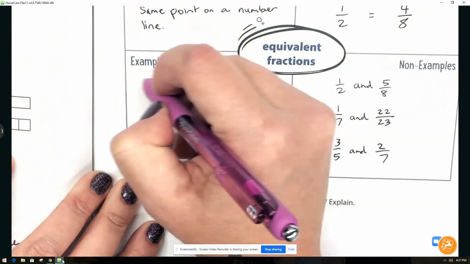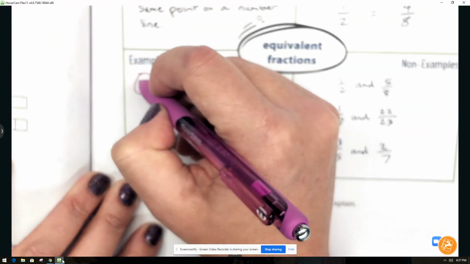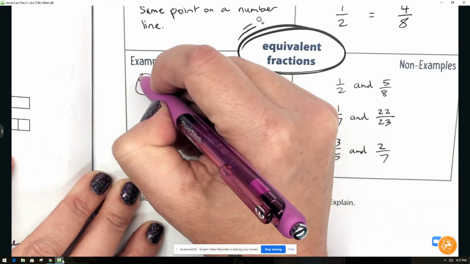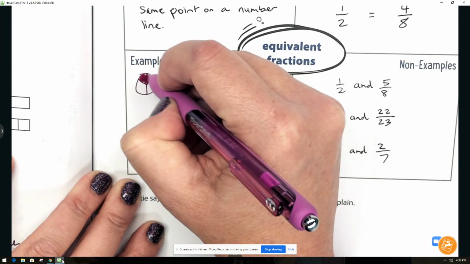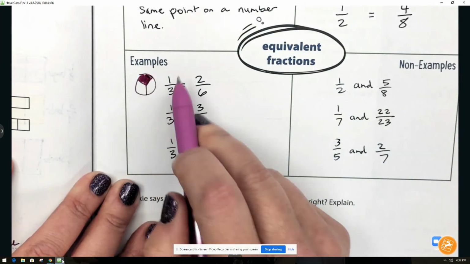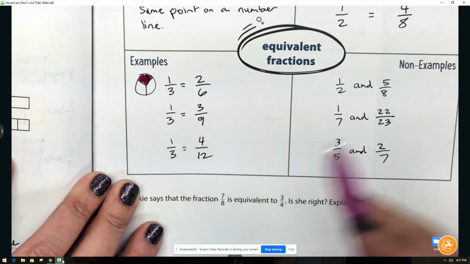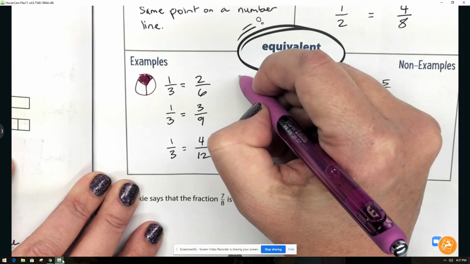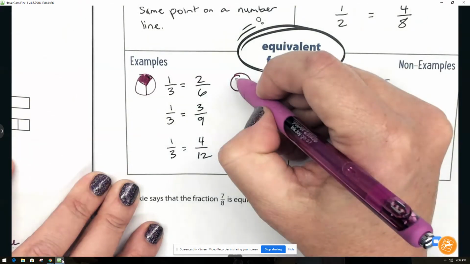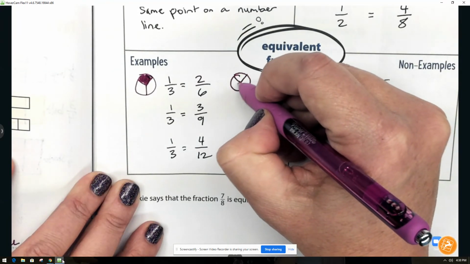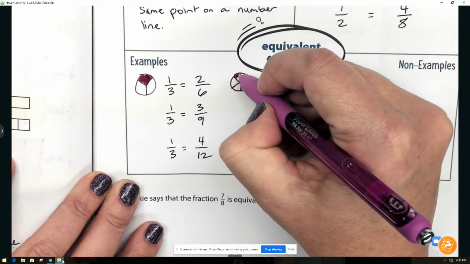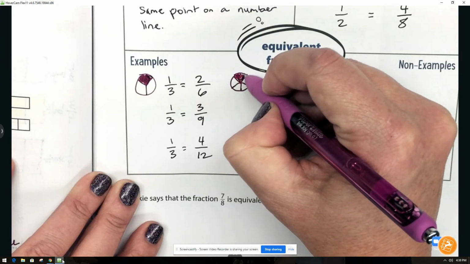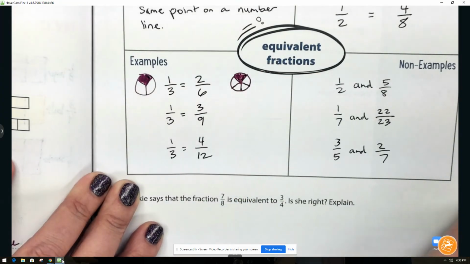So if I'm going to have 1/3, I'm going to shade in just this top part here, okay? So that's going to be the same for all of these 1/3. 2/6 is going to be the same size circle, and I'm gonna color in 2 of the 6 pieces.